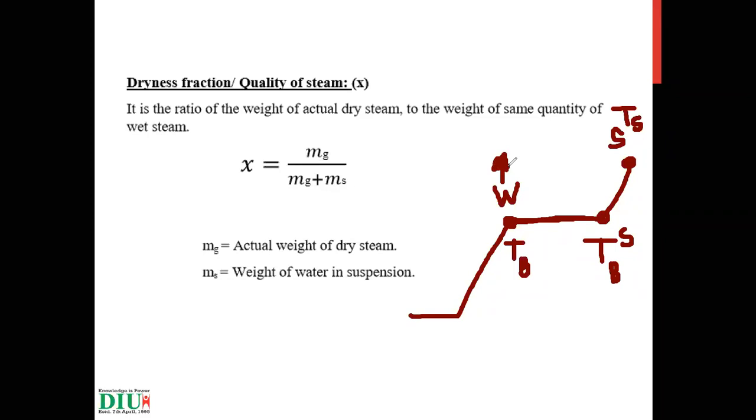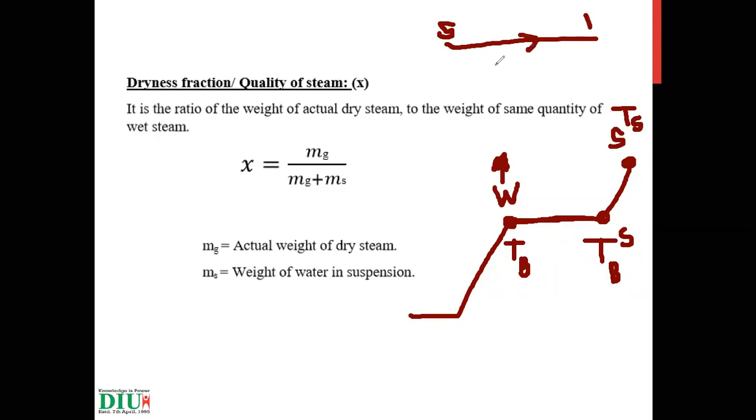But sir, what is wet steam? I told you that wet steam is when the water starts to become steam, but still there is a large portion or some portion of water left. That is wet steam. But that is a generalized definition. Okay, suppose you start with 5 kg, and 1 kg is converted to steam.